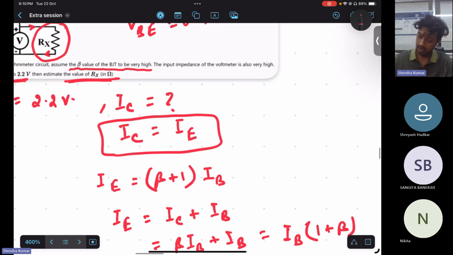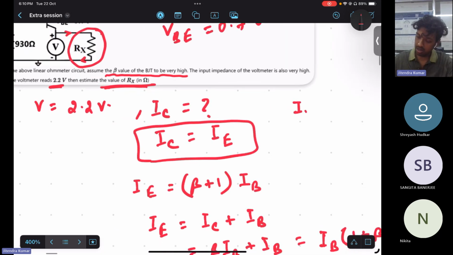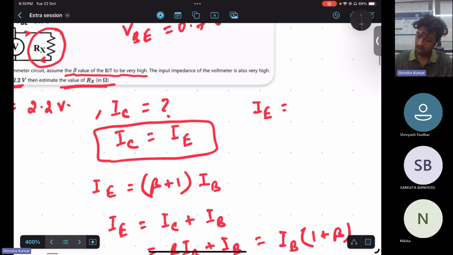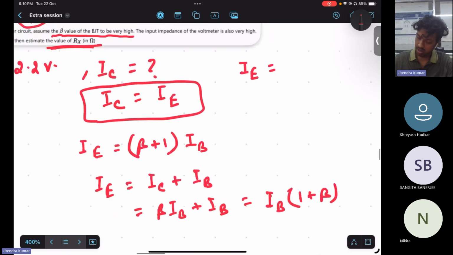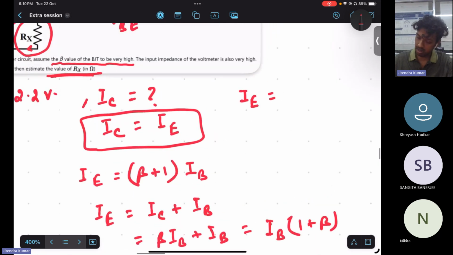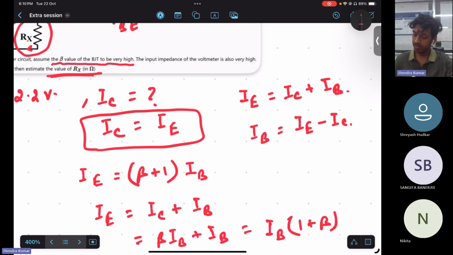Because IE is equal to IC plus IB, and IB is IE minus IC, the difference between emitter and collector current, which is the base current.